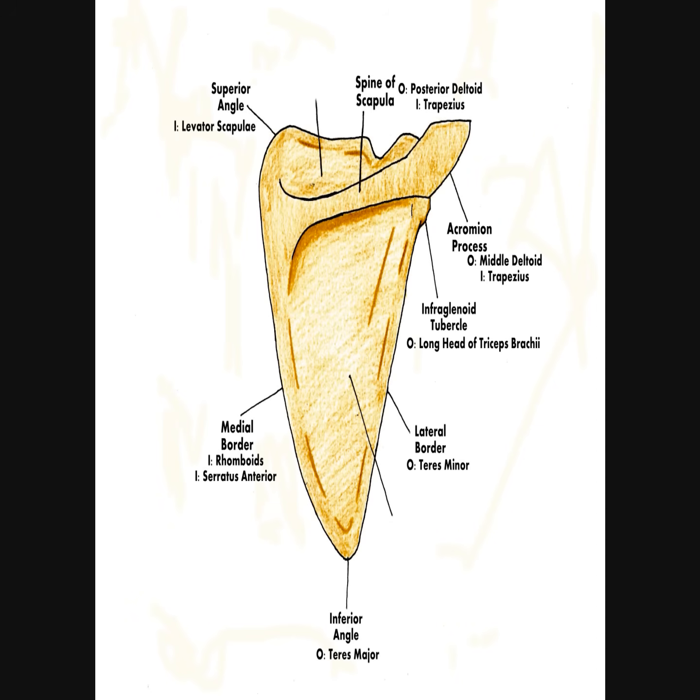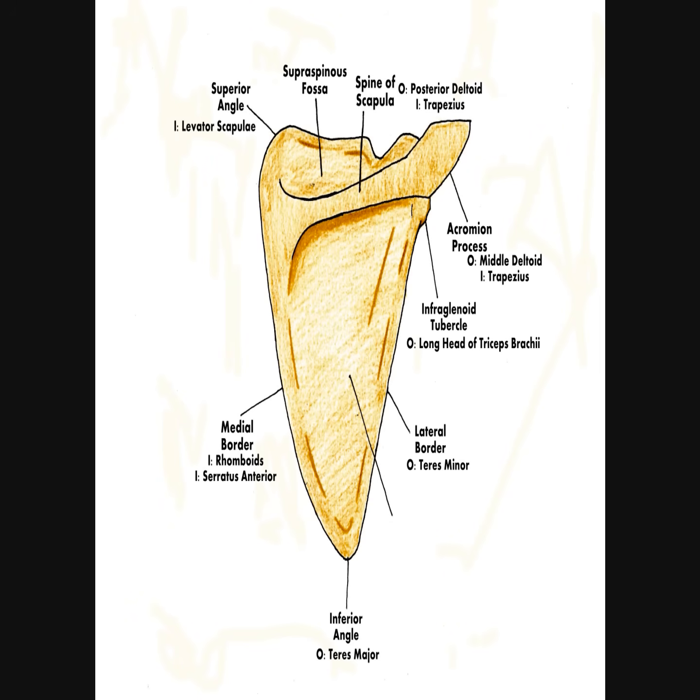So now we have a couple fossas, or shallow depressions in bones that have something to do with the spine of the scapula. They're named after their location in relation to the spine of the scapula. The fossa just above the spine of the scapula, think of what term means above, is the supraspinous fossa. Supra means above.